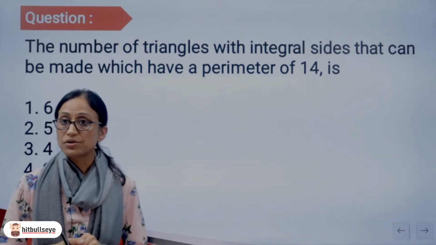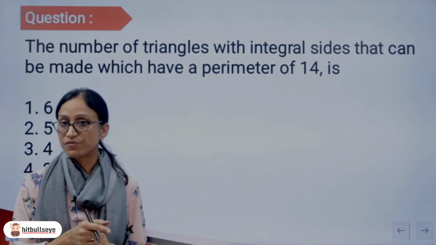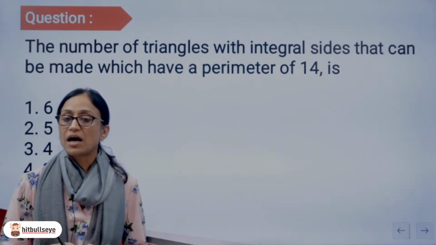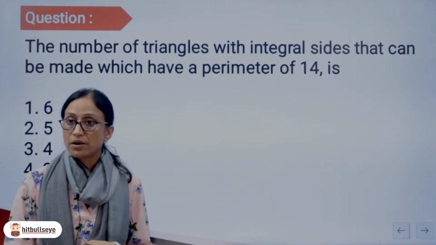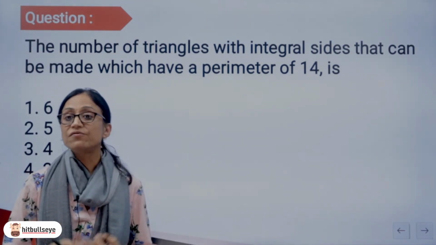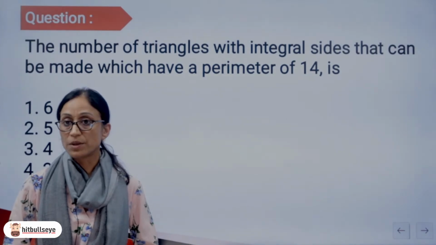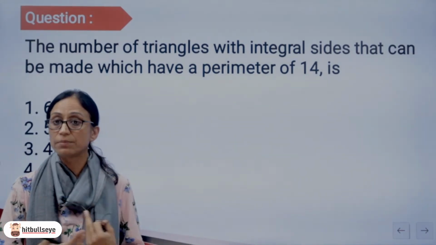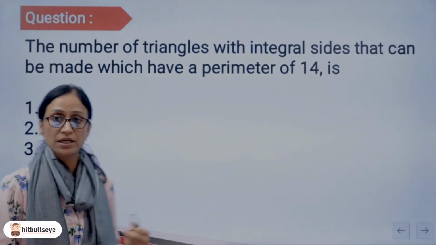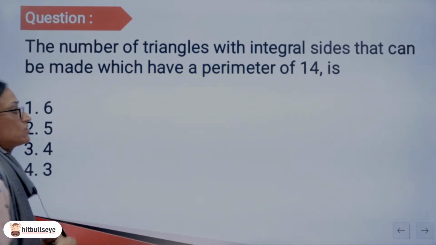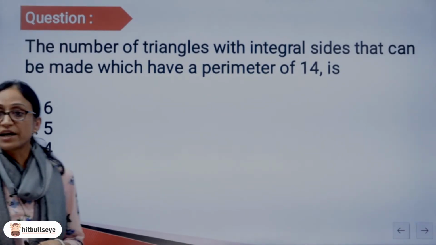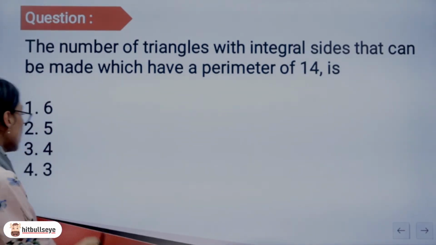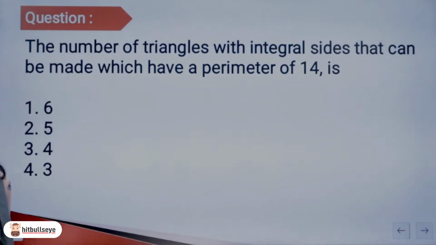So please mind it, if the words integral sides are removed from the question, that means I can go into decimals and then the question will have infinite possibilities, which is not going to be possible for you to solve. So you will give the answer as none of these or cannot be determined. But here, since that is there in the question, of course it will have a finite number of combinations possible. That is why the options are also all finite numbers.